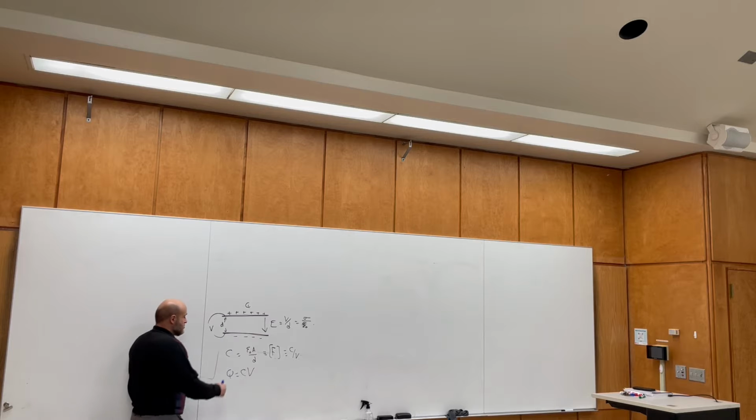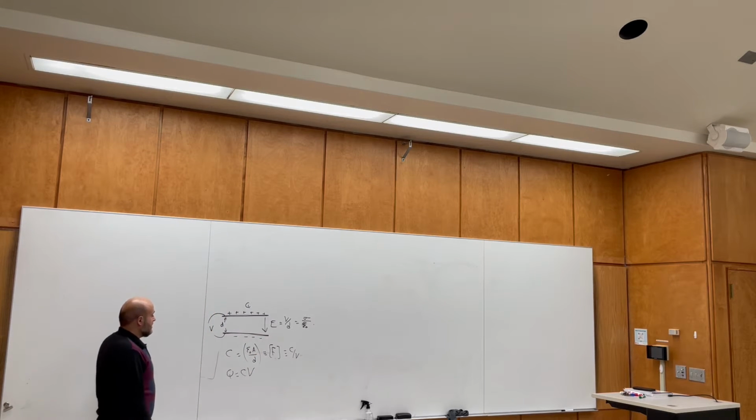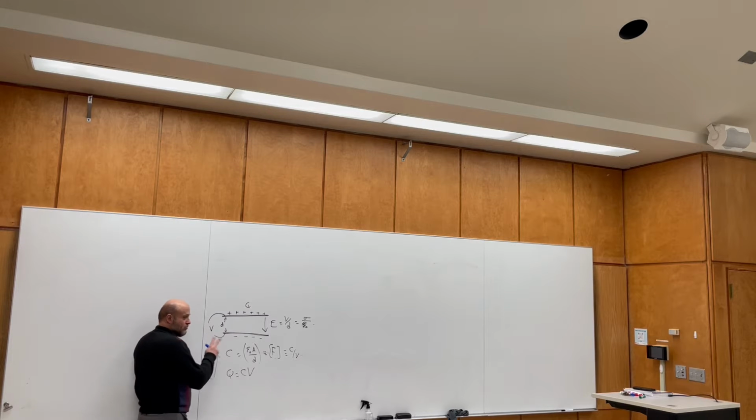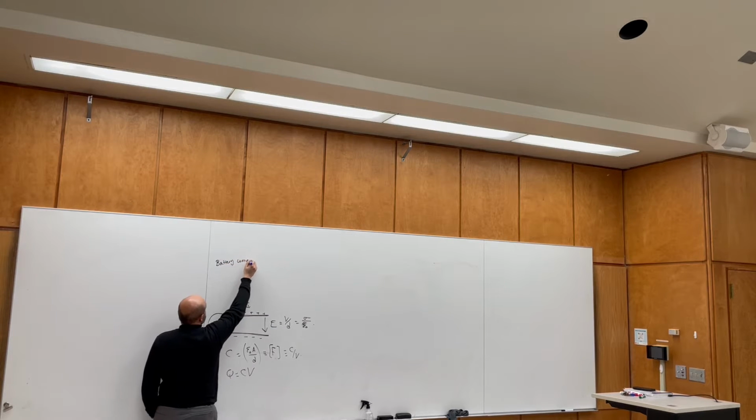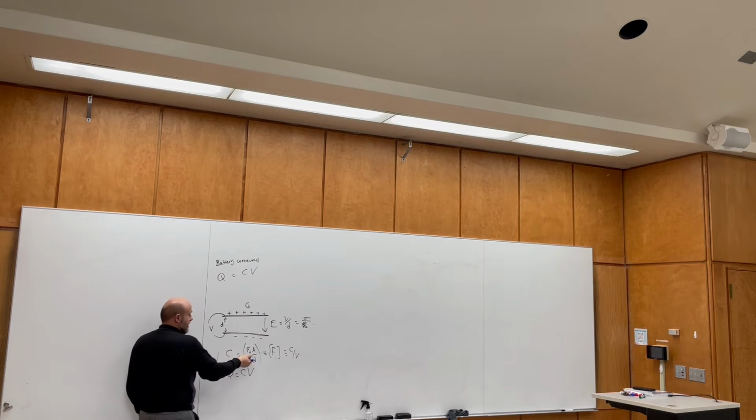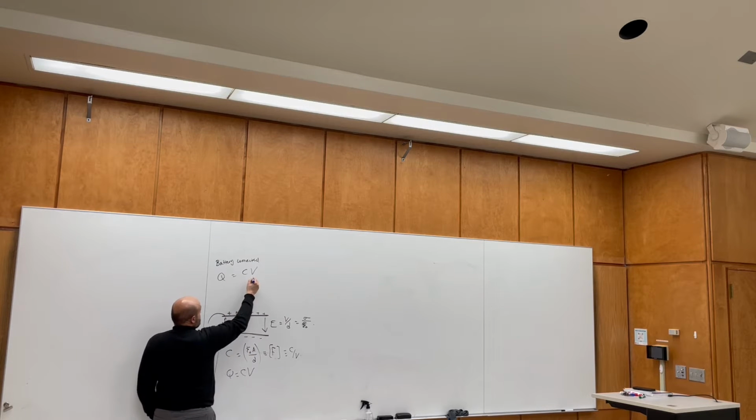Now to change C, we talked about this yesterday, and spent most of the time on it. You can change C under 2 conditions. First, battery connected. In this case, if we change C by changing D or A or epsilon, then the voltage stays the same because the battery will keep the voltage.